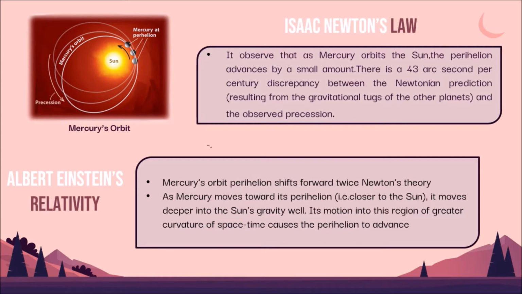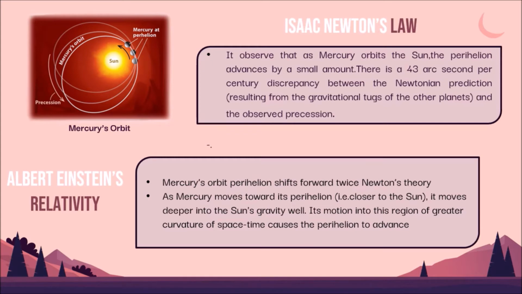Meanwhile, Albert Einstein's general theory of relativity provided a full explanation for the observed precession of Mercury's perihelion without the need for an extra planet. According to this theory, Mercury's perihelion shifts forward twice as much as in Newton's theory.